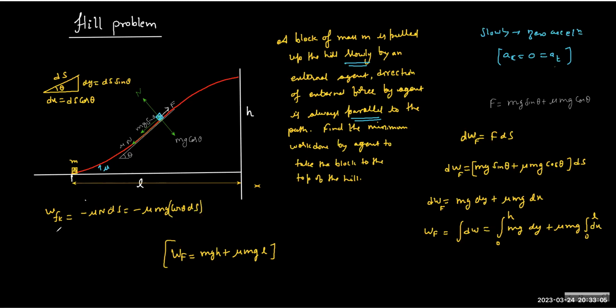Now I can replace it with minus mu mg dx, because that's the ds cos theta meaning, and therefore, oh, I need to integrate first. And that's why you can see the work done by kinetic friction is actually negative of mu mg x. That's very interesting. But slowly is the case. This derivation holds only if the motion is happening very slowly.